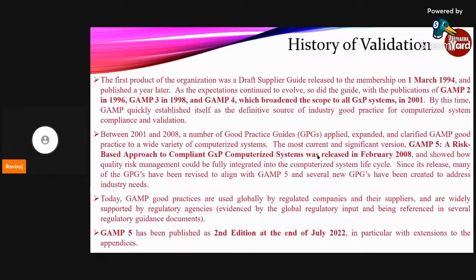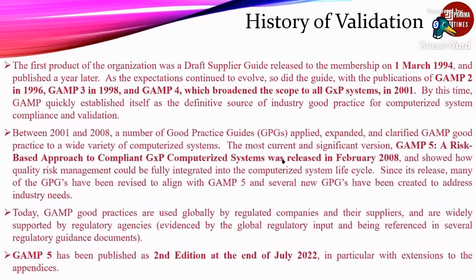So the versions, or say guidelines, were published one by one. The first guideline of GAMP, which was given by ISPE, was published on 1st March 1994. Before publishing the first guideline, a draft version was published, and the opinions of all people in pharmaceutical industries were collected.